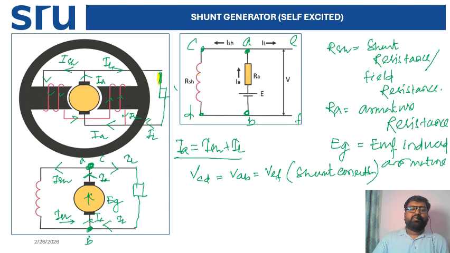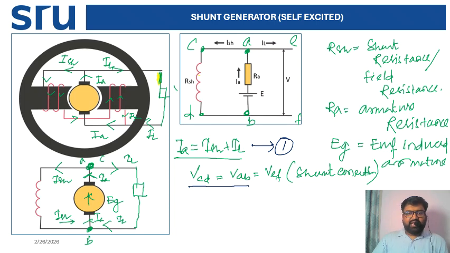Now one by one we'll do. First, when talking about the shunt connections, we have already found the current relations in equation number one, and now we will find the shunt current as well as the load current. Suppose VCD equals VAB. Then what is the voltage drop across CD?